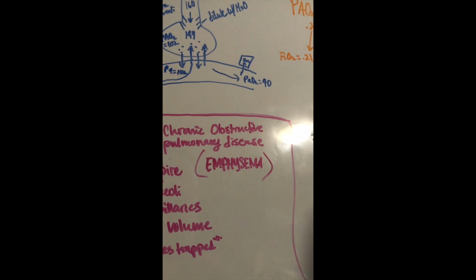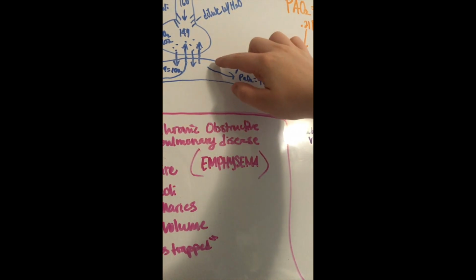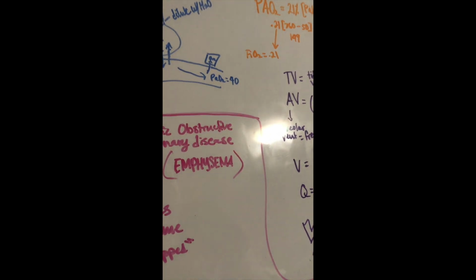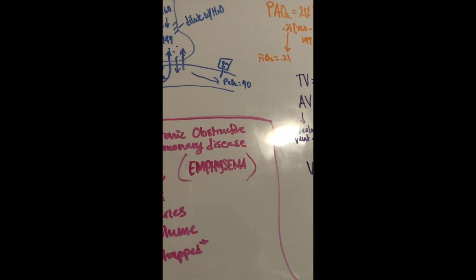And then we're having our oxygen come into our cells, like we talked about previously, and that's our PaO2 is 40.